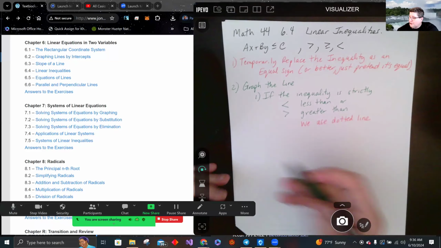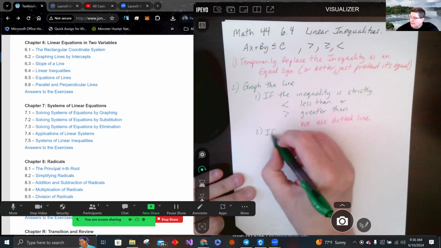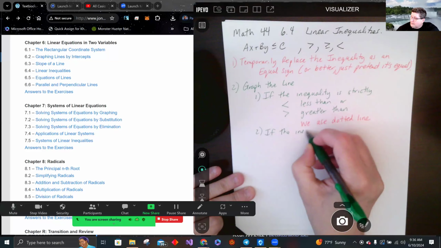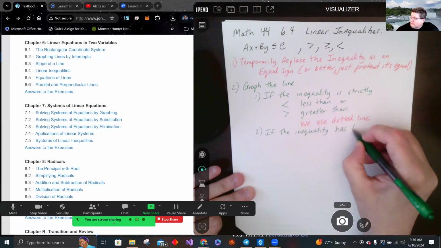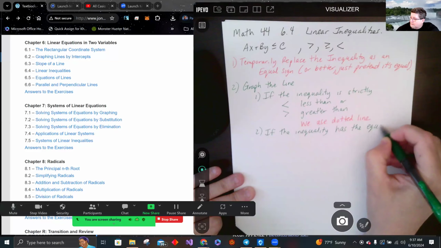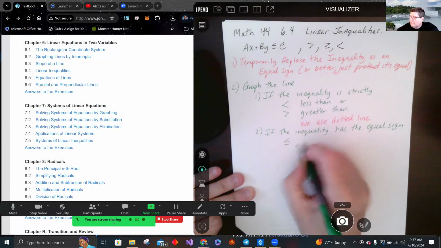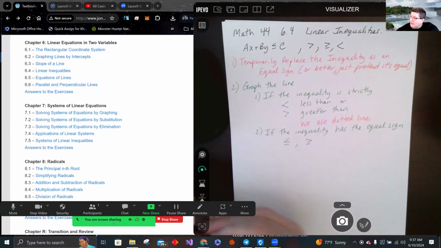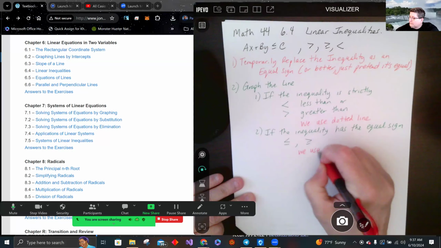And if the inequality has the equal sign, we use a regular solid line.